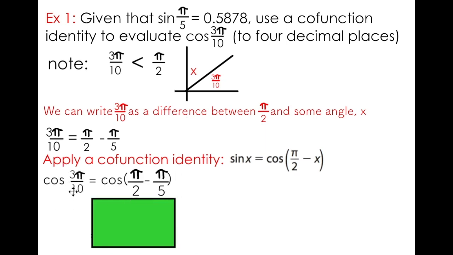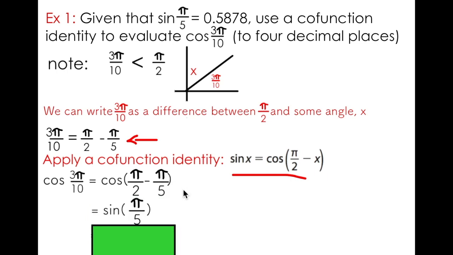The cos of 3 pi over 10 I know is equal to the cos of pi over 2 minus pi over 5. Remember, we just showed that 3 pi over 10 can be written as pi over 2 minus pi over 5. From this identity, I know that the cos of pi over 2 minus pi over 5 can be written as the sine of angle x, in this case, angle x being pi over 5. So I should be able to simplify my expression into the sine of pi over 5.